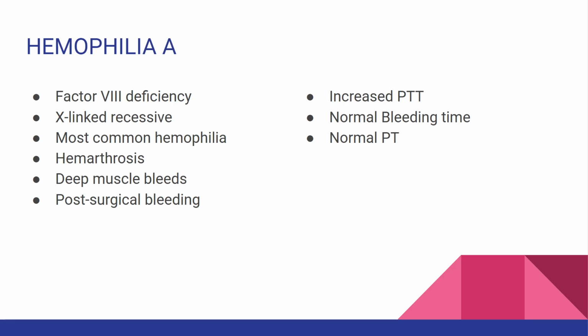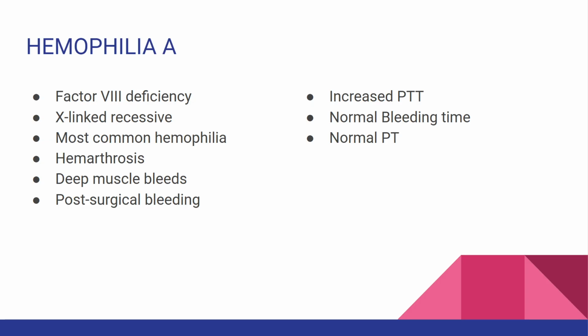It only affects the clotting factor pathway. It will usually present as a young kid who has hemarthrosis with an isolated increase in PTT. That's a really huge giveaway. Or they'll have a family history, like a maternal uncle who died a couple of years ago because of some type of trauma.